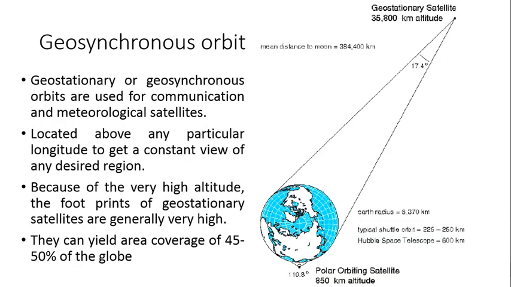Geostationary or geosynchronous orbits are mainly used by communication satellites or meteorological satellites. For example, INSAT, Meteosat, GOES, GMS, etc. are satellites used for communication and meteorology, and those are geostationary. Satellites in geosynchronous orbit are located above a particular longitude to get a constant view of a desired region.